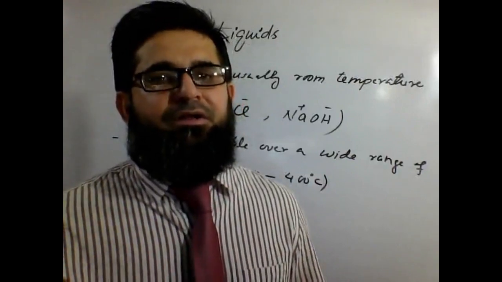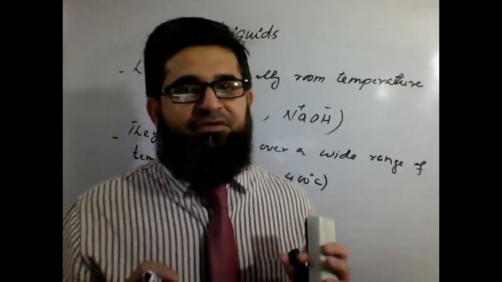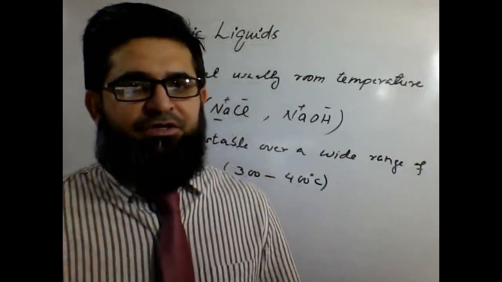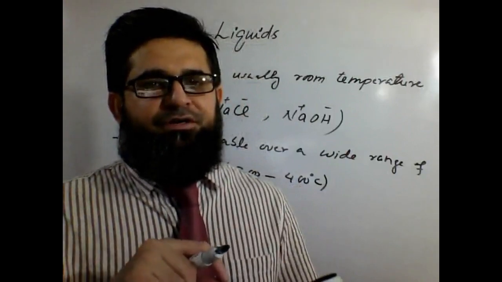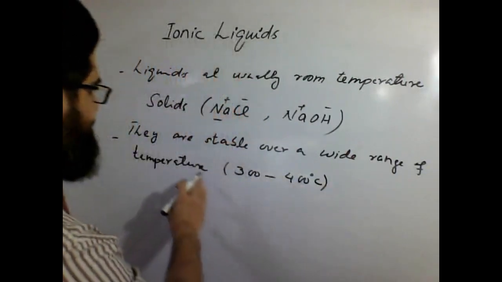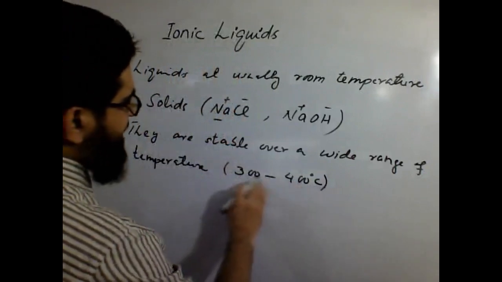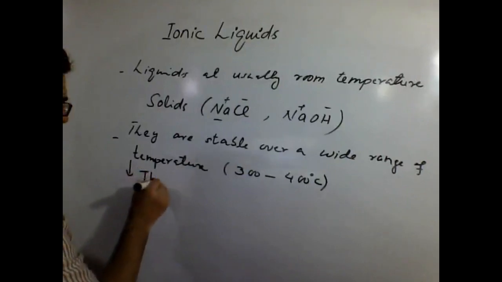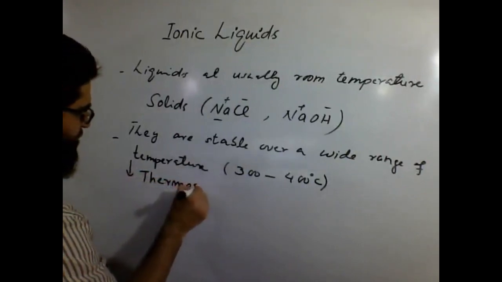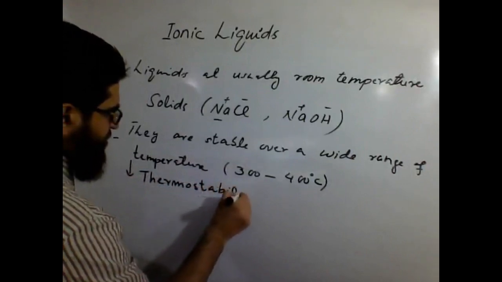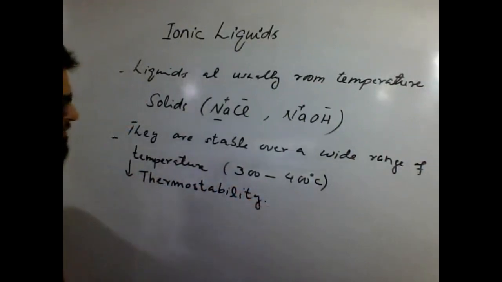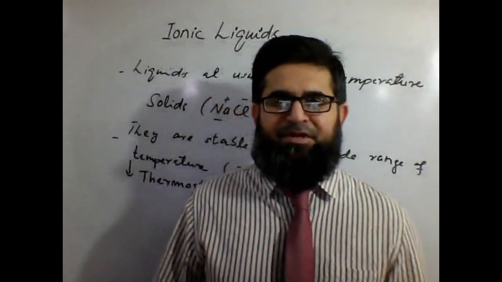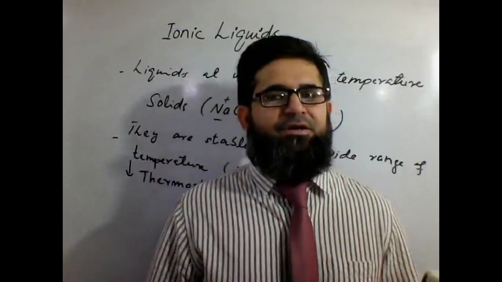They will remain in their ionic form. They will be stable. There won't be any chemical change, or any change in their structure. So they are supposed to be stable over a wide range of temperature, and this property is called thermostability. Thermostability means they are stable over a longer range of temperature, like 300 to 400 degrees centigrade.